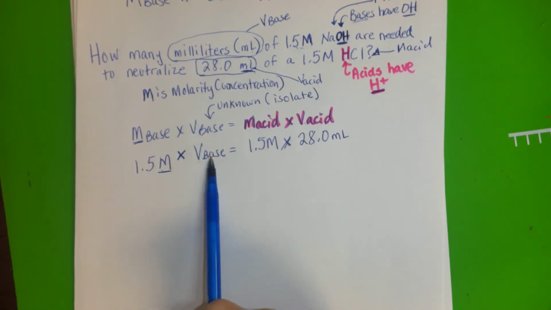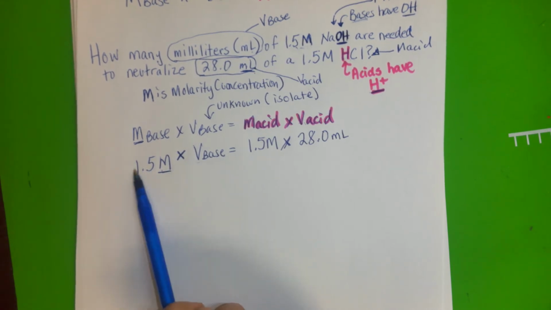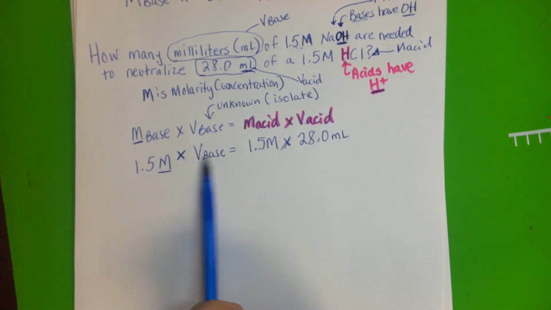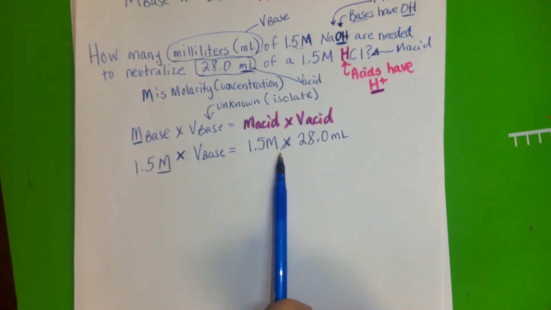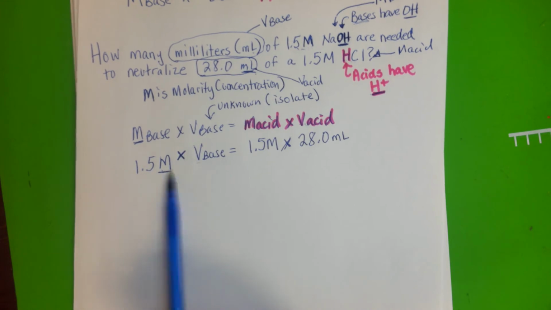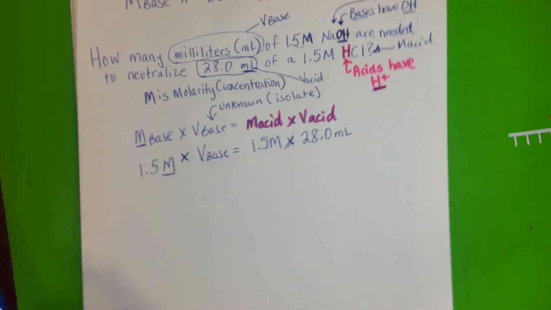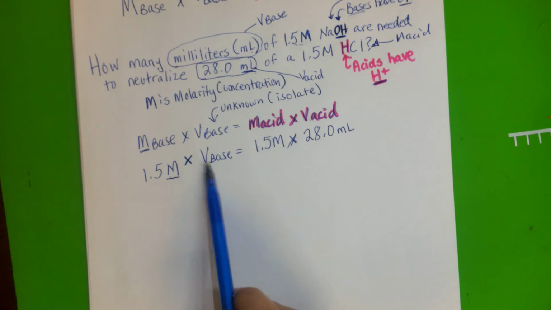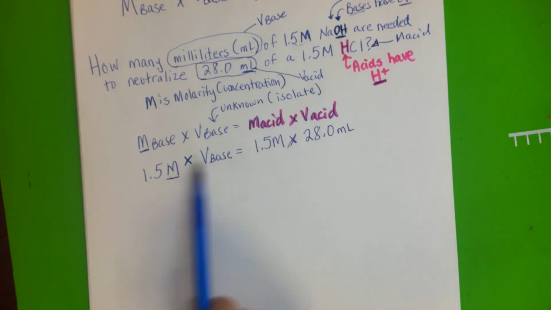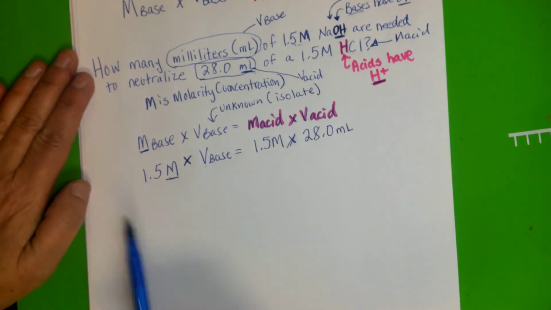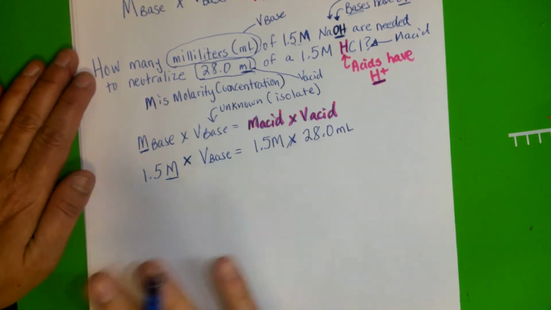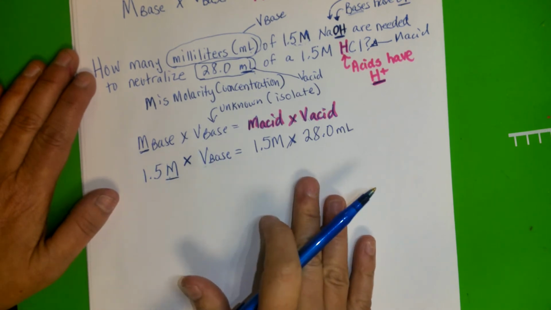So we need to move this number, because V base is your unknown, and that's the one we need to solve. The rule is that whatever math is occurring here, you always do the opposite: multiplying becomes division. If you're adding, you subtract. If you subtract, you add. If you're dividing, you multiply.